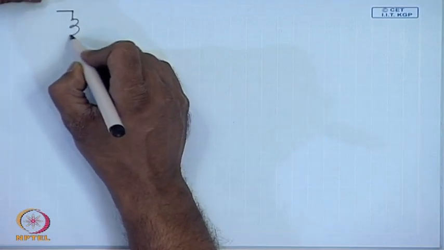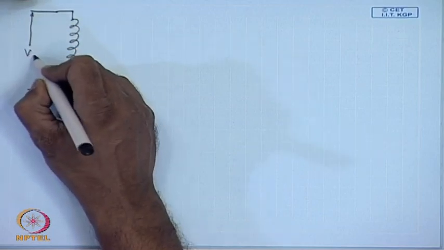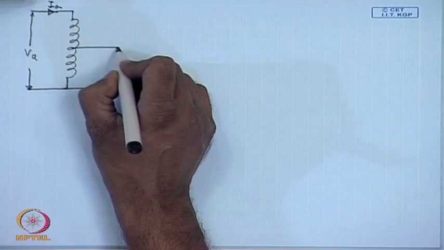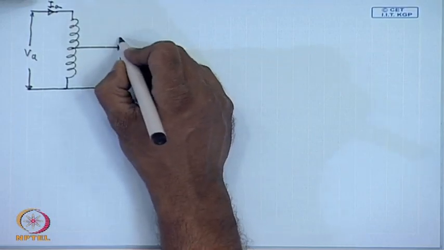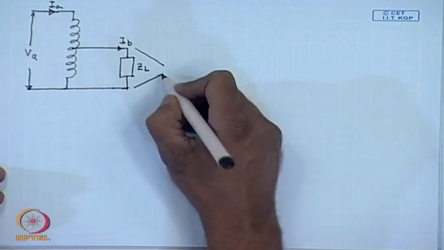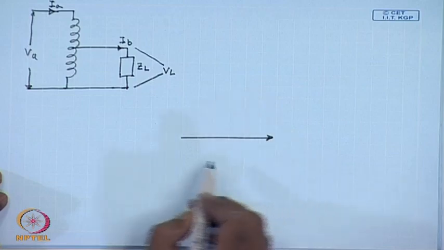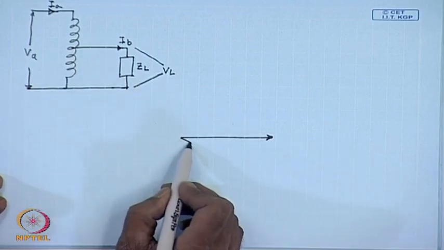How do we draw a phasor diagram for this autotransformer? For that, let us draw the autotransformer again. This is the voltage V A, the current I A, and let us say we are drawing a load current I B to a load impedance Z L, which we will assume to be inductive, and this is the voltage V L. So, let this be the phasor of the load voltage V L, and since this is an inductive load, the current I B will be lagging V L by the power factor angle.